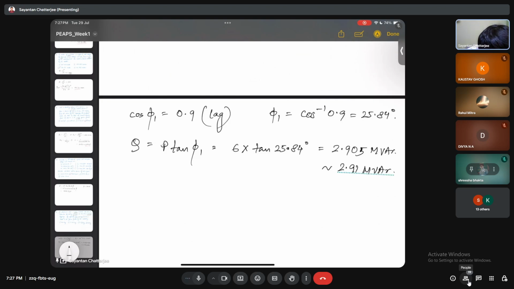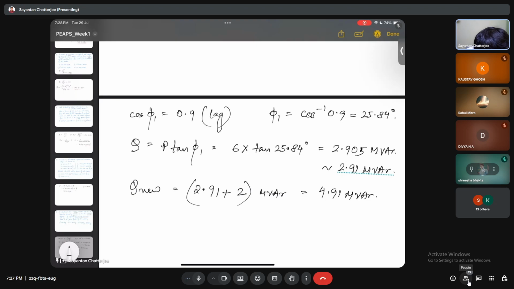So the new Q will be 2.91 plus this 2 MVAR that was previously installed but is now out of service. So it becomes 4.91 MVAR.